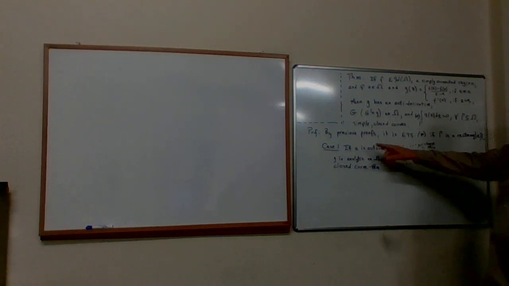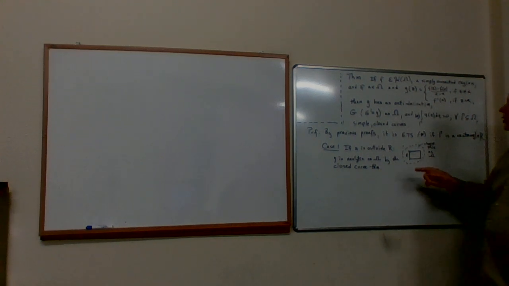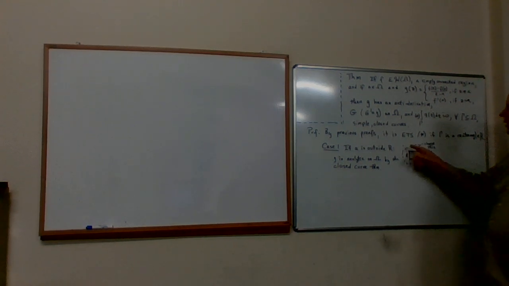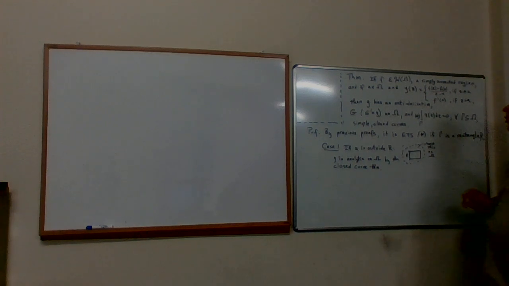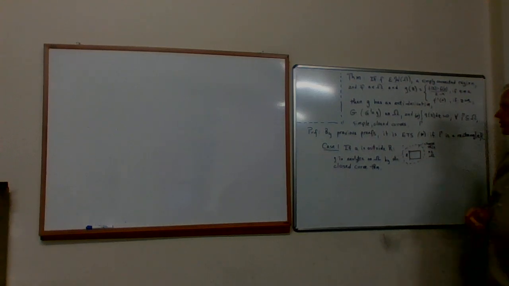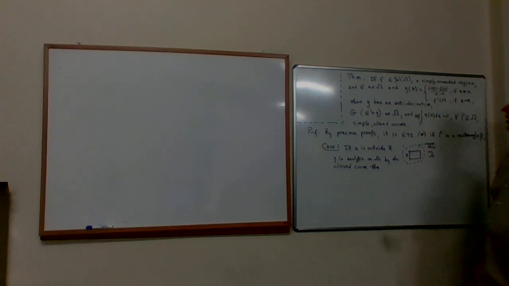And so case one, now we're doing this for a rectangle, but case one is if a is outside the rectangle. If a is outside the rectangle, then you can choose an omega so that a is outside of omega, which means that g is analytic there, because there's no problem of dividing by 0 if a is outside of that rectangle, therefore outside of this omega that you've chosen that includes the rectangle but excludes the point a.